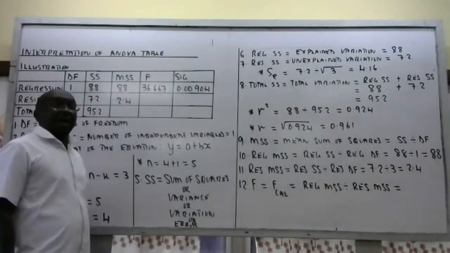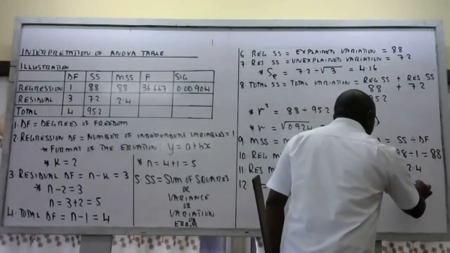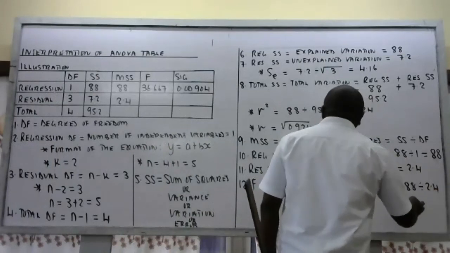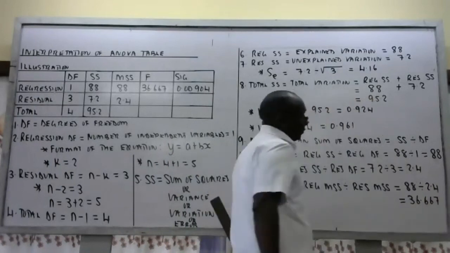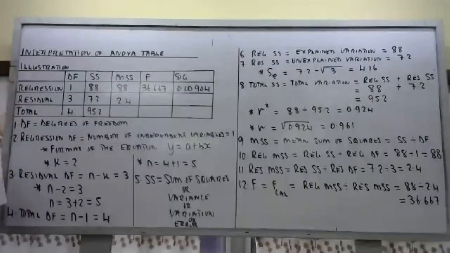So this is 88 divided by 2.4. Can you confirm whether it gives you that 6.667?